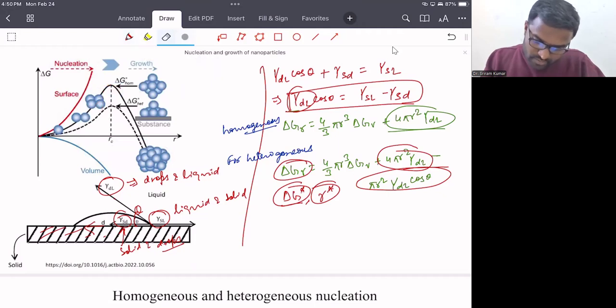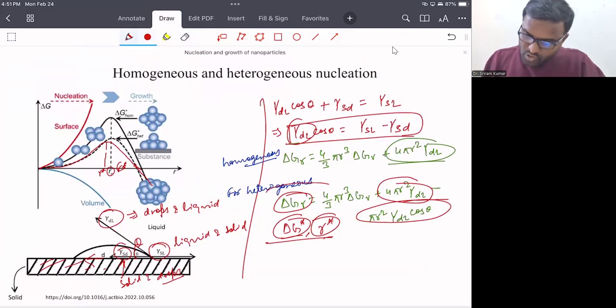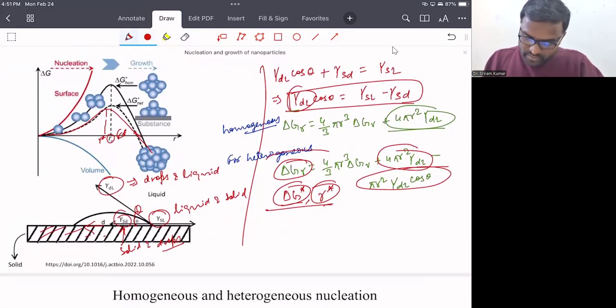So here the values are smaller than the previous critical size of the embryos.